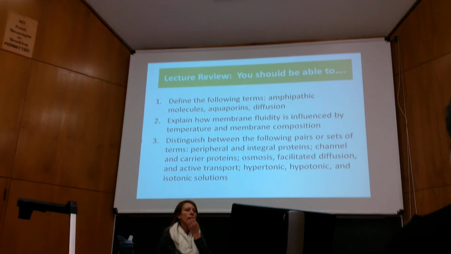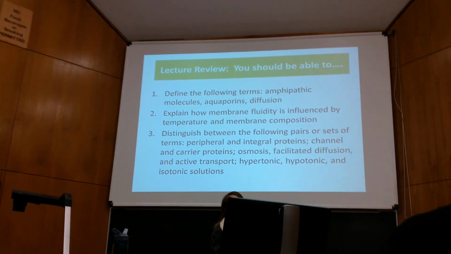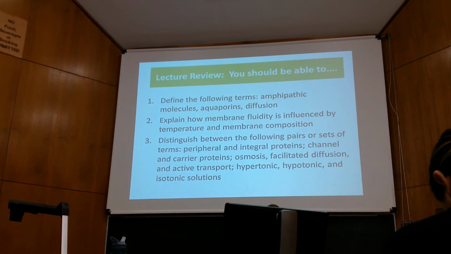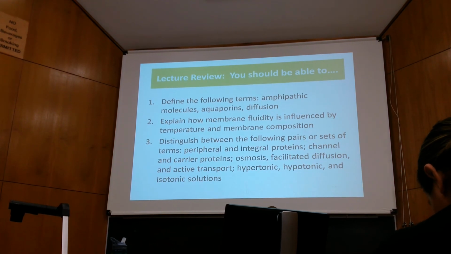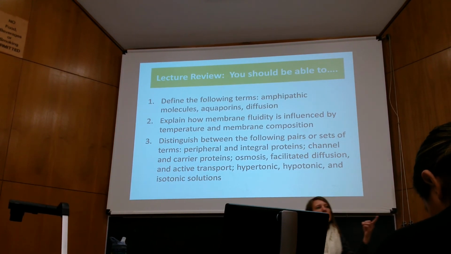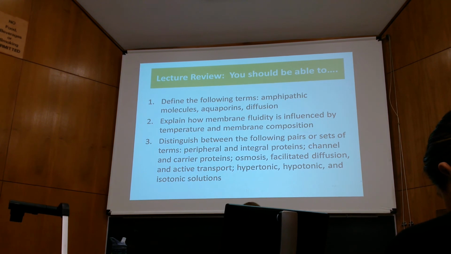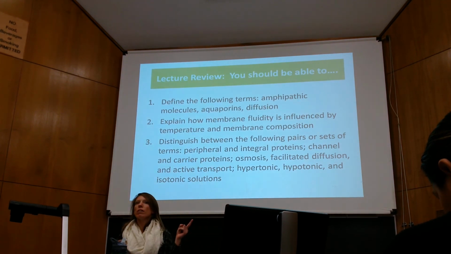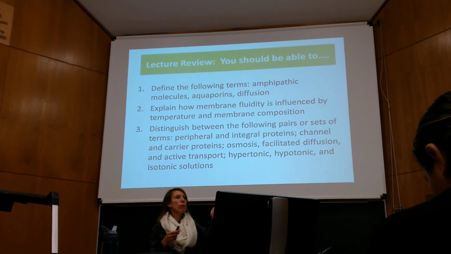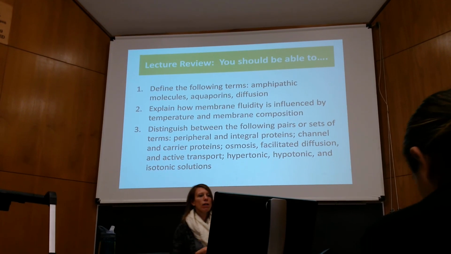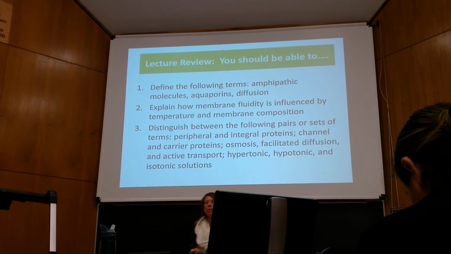Make sure that you can define what an amphipathic molecule is. So what are two examples of amphipathic molecules? Phospholipid. What was the first one you said? Well, phospholipid, yeah. And what else? Right, so our transmembrane proteins. Yep, you got it. Okay, so what are aquaporins?